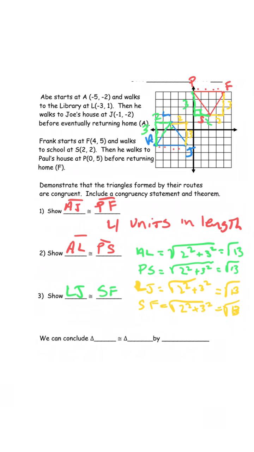So this is actually an isosceles triangle. Okay, so those work. Those are actually congruent. And then I can say that triangle ALJ is congruent to PSF, and that's by side, side, side.